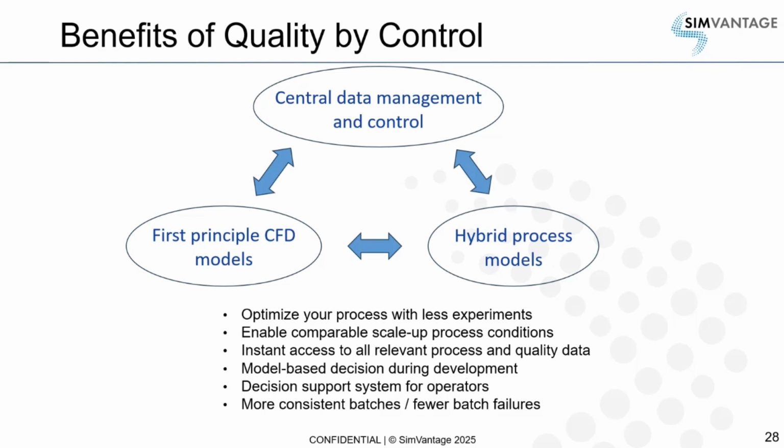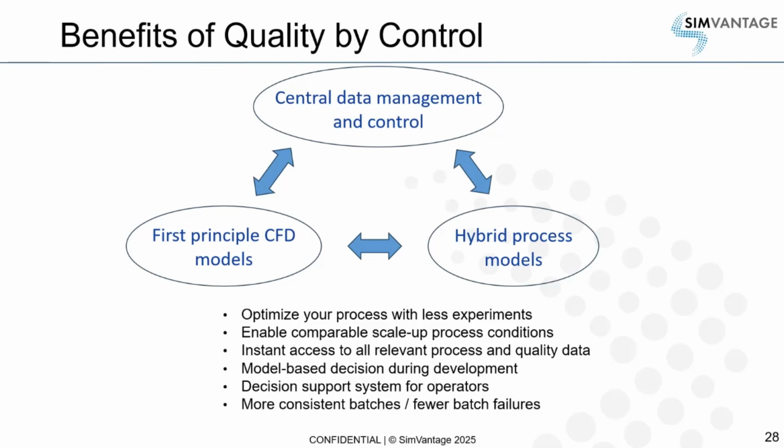This leads to an optimization of your process with fewer experiments, a better scale-up with better knowledge about your process conditions, and instant access to all relevant process and quality data with the central data management.